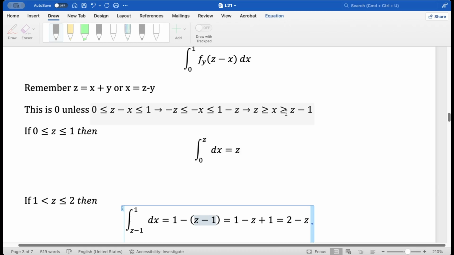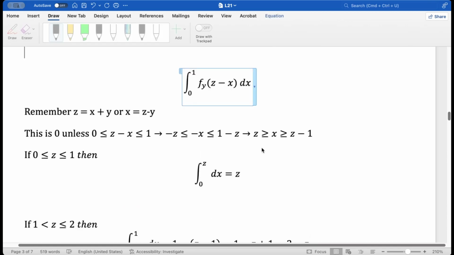X is going to be between z minus 1, and then the largest that x can be, x cannot exceed 1. Another way to look at this here is that the largest that y can be is 1. So the smallest that x can be is z minus 1. And the largest x can be is 1.